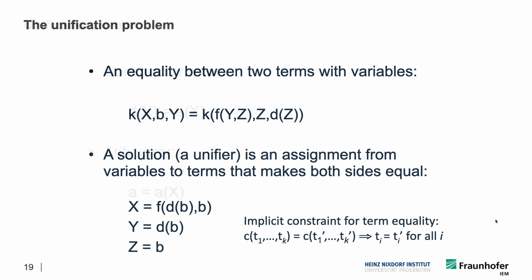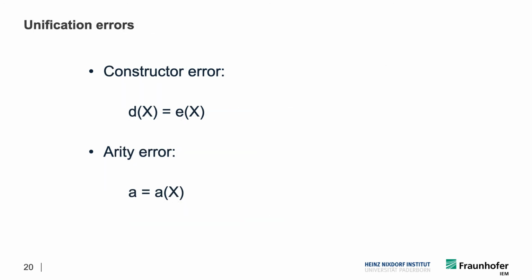And then during unification, you can have two types of unification errors. One is the so-called constructor error, where it may be the case that the type variables actually match. So you would be able to replace X by the same constant A, let's say, for instance. But the constructors here, and these are called constructors, don't actually match, right? So you still are not able to make these terms equal. You're never going to be able to do that.